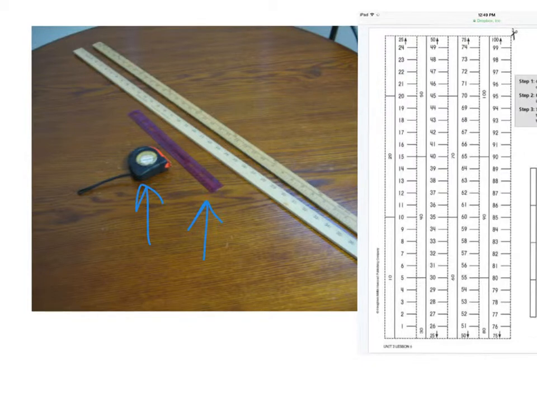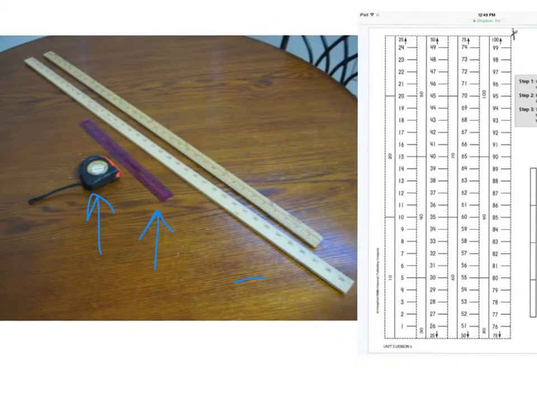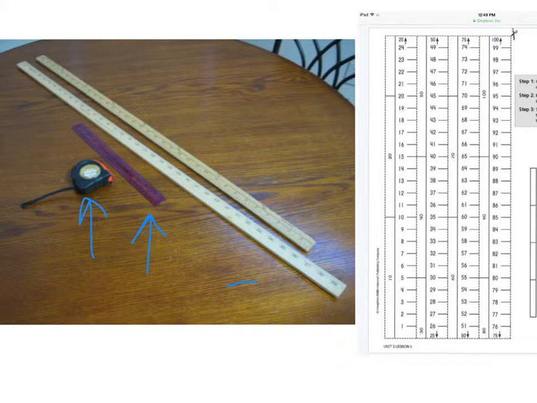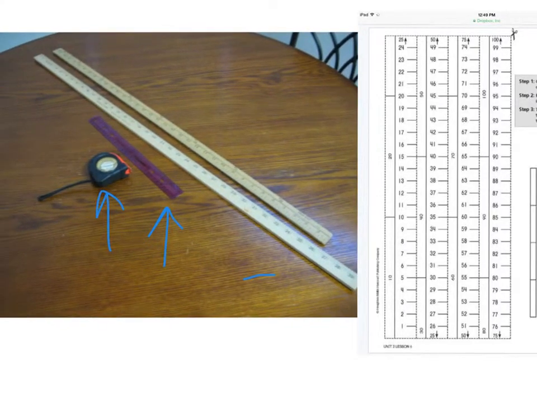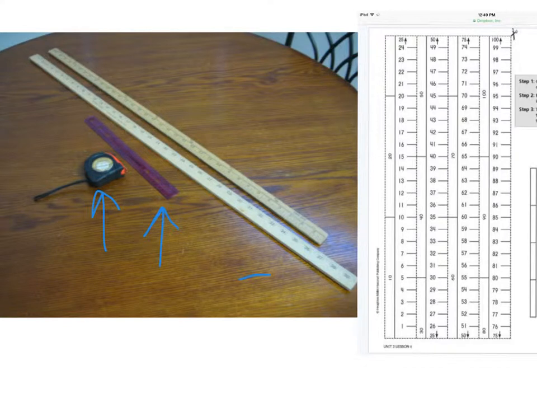And then I want to know what these 2 objects are here. These 2 long objects here. So think for a minute and see if you can come up with an idea for what those 2 objects might be. Well, some of you probably said yardstick, and some of you probably said meter stick.